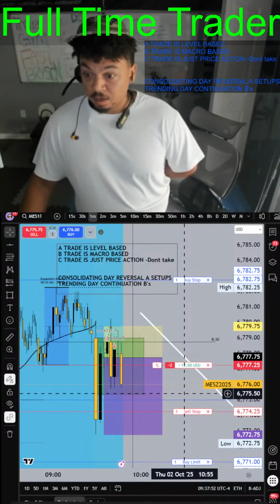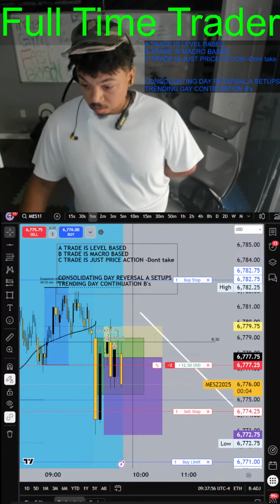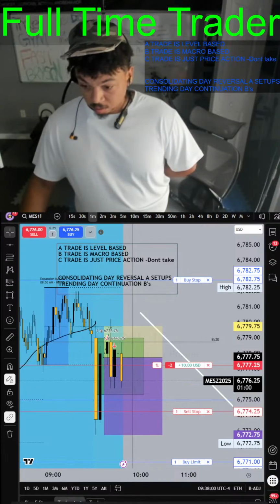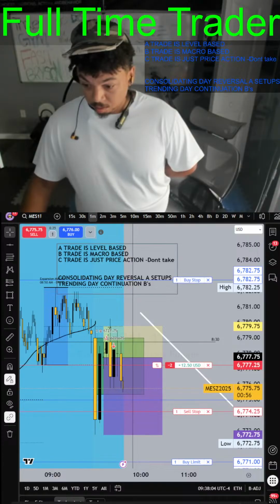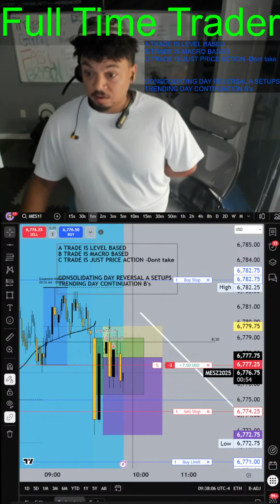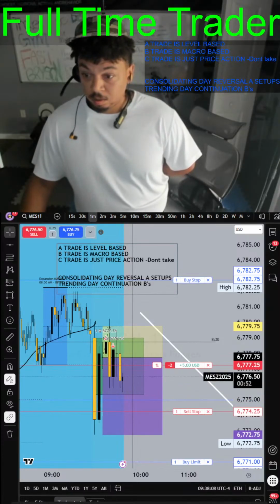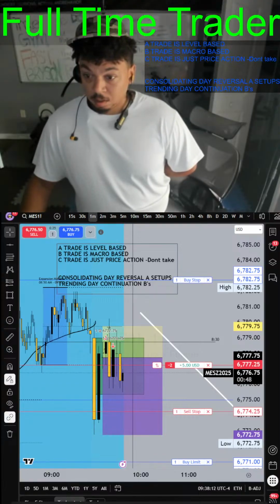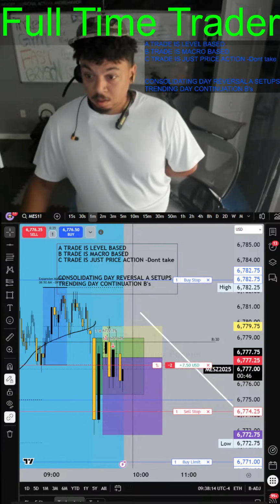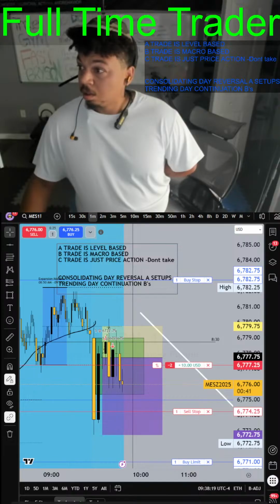If we can get below the London high and stay below there and hit target, that would be great. Let's see. It's our chance. Come on.